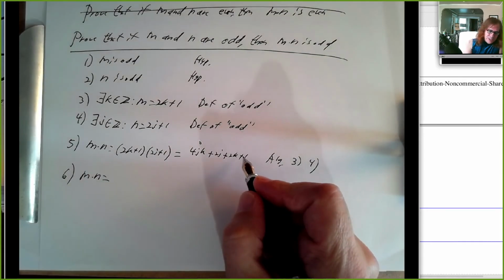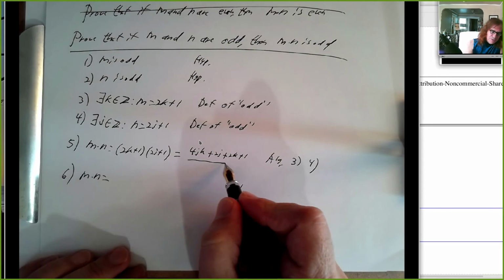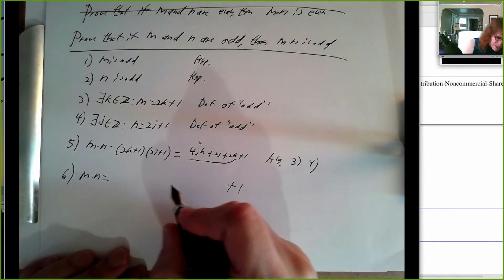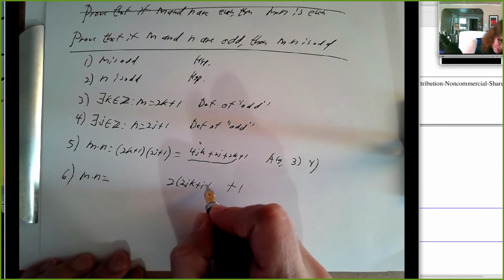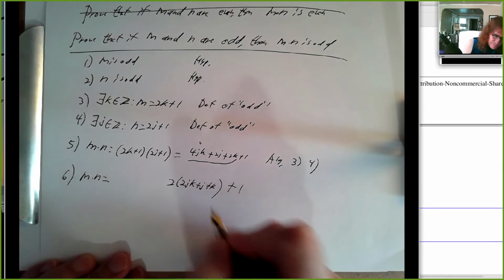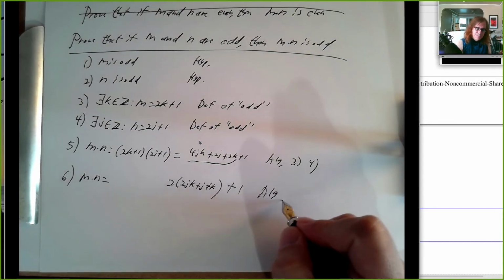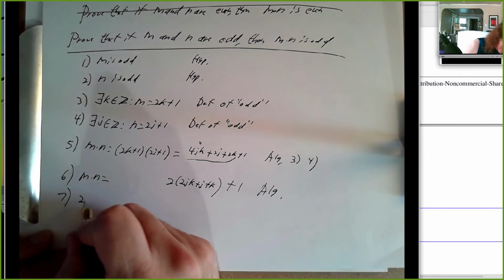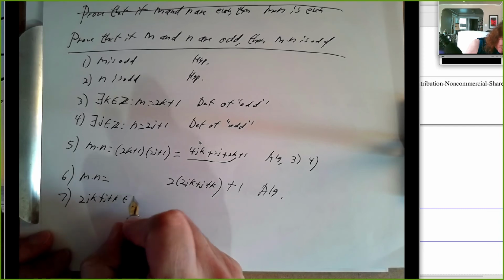Well, there's a plus 1 over here. If I could show that this was twice an integer, I'd be set. Guess what it is? This is 2 times 2jk plus j plus k, plus 1. That's more algebra. Now let's make the observation that 2jk plus j plus k is an integer.